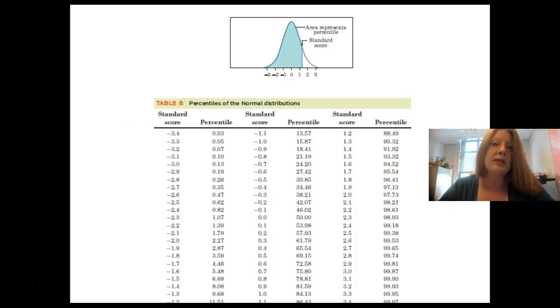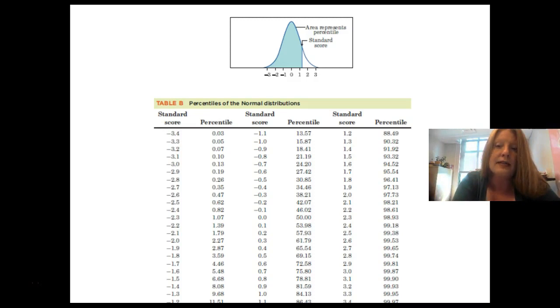So what I always do is I jump into the table. We want to look for a z value or a standard score that is at the 20th percentile. Now you're probably not going to find exactly the number you're looking for. So we don't see exactly 20% in here. Take what is closest. So you'll see one value we have is 18.41, another is 21.19. It turns out that 21.19 is a little bit closer to 20 than 18.41, so I'm going to take that as my percentile here.